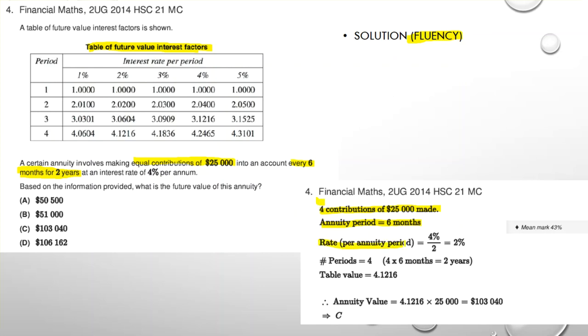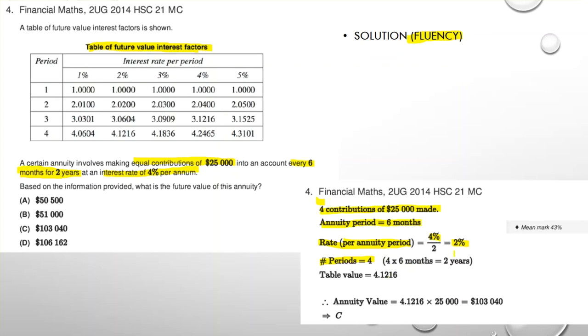The rate for the annuity period is here. So at an interest rate of 4% per annum, 4% per annum is 2% every 6 months. So divide that by 2 because we have 2 lots of 6 months. So there are 4 periods, 4 lots of 6 months is 2 years.